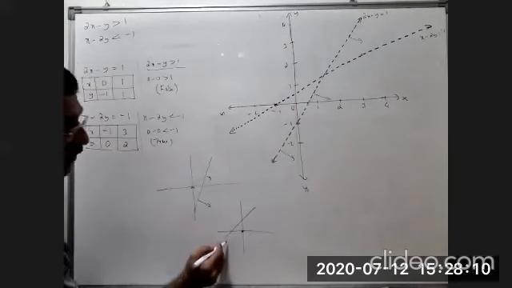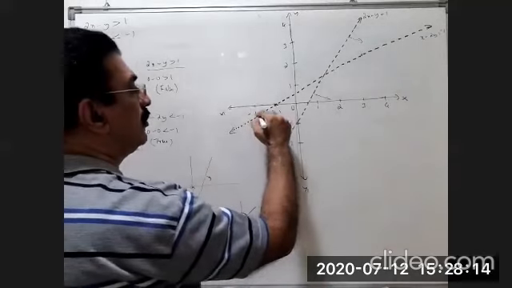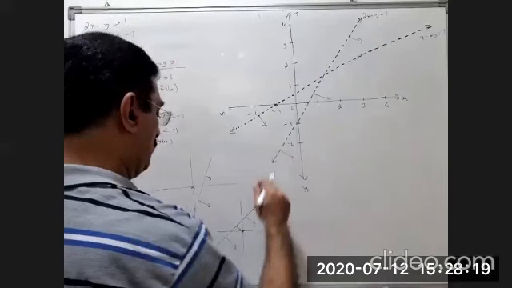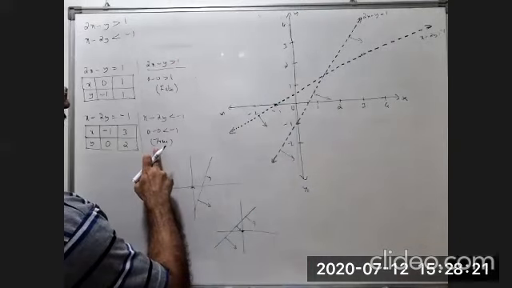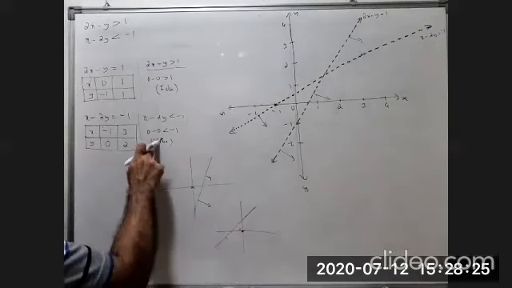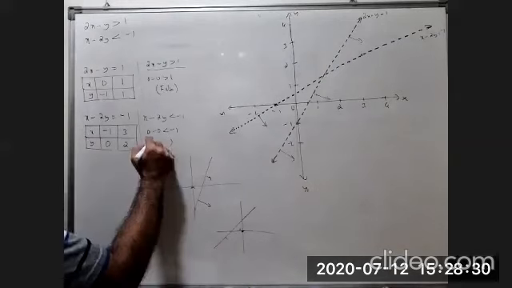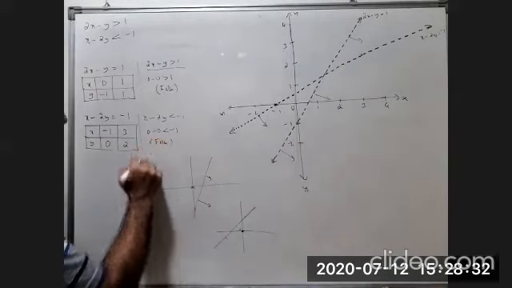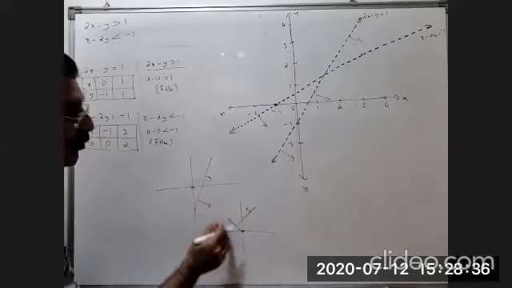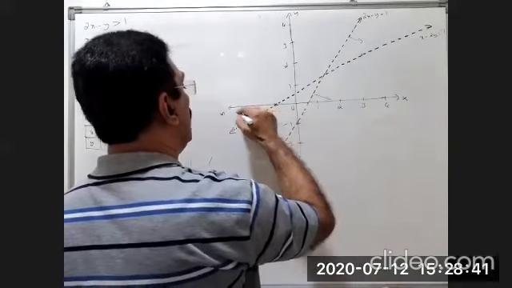That is false, meaning away, again away from the origin. Upward. So not down, it is up.